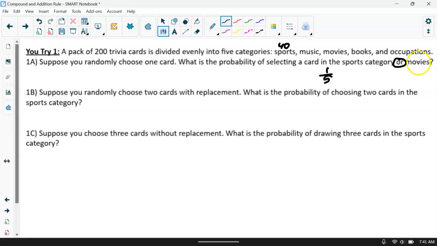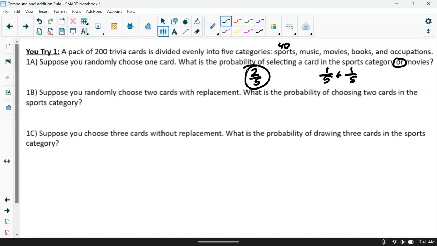Or getting a movie card, which is also 1 out of 5. Now, but keep in mind, was there any overlap? No, there are no sports cards that are also a movie card. They are separate categories. So that's why here no overlap is considered, and it's just 2 out of 5, or a 40% chance that this would happen.